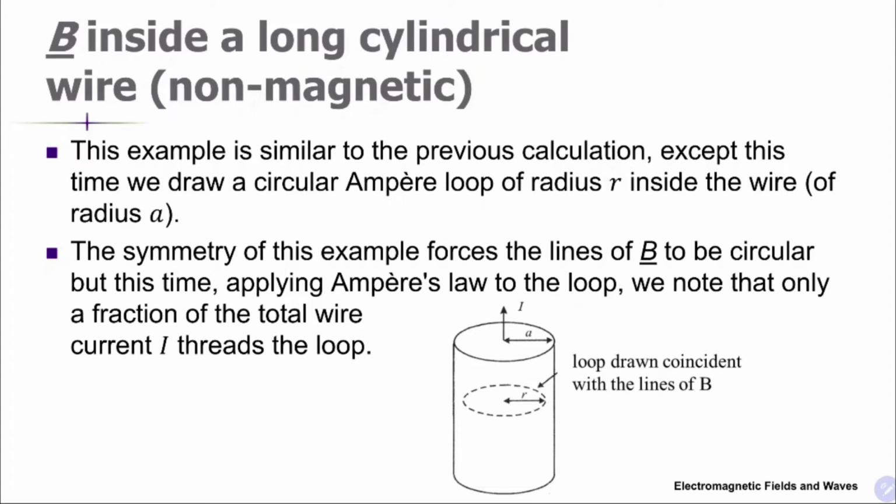If you have a straight wire outside, we find that B equals mu naught I over 2 pi r. So we've done that for outside, for r greater than a. The magnetic flux density will be mu naught I over 2 pi r.